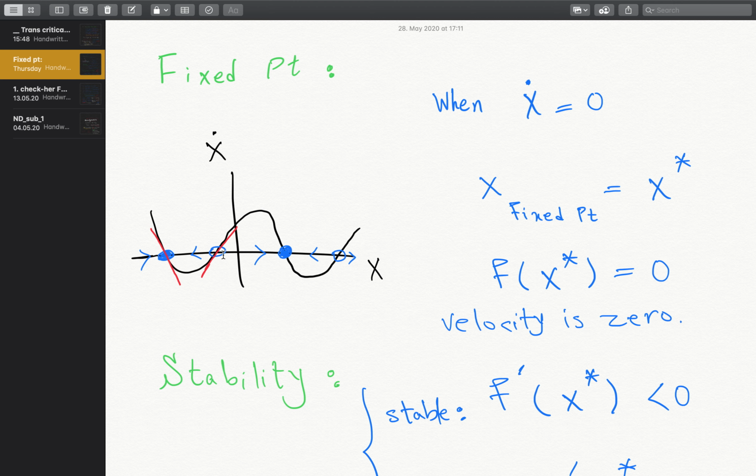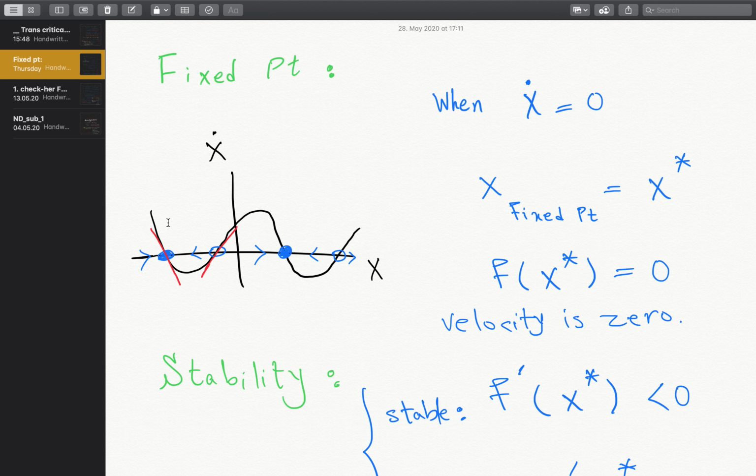Now we want to know whether they are stable or not. If we draw the slope of this graph, it is negative. What does a slope mean? A slope means the first derivative of x dot. So if it is negative, we call it stable.